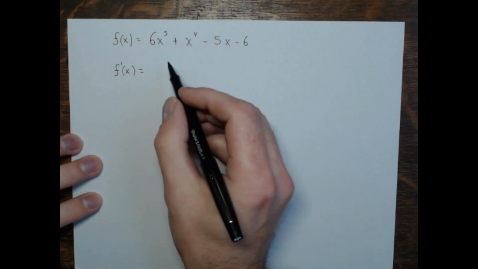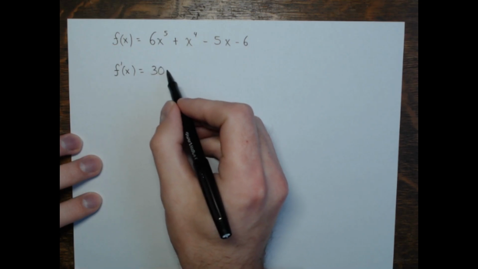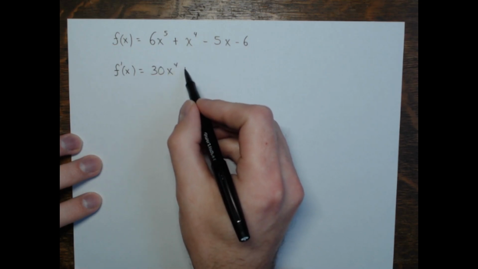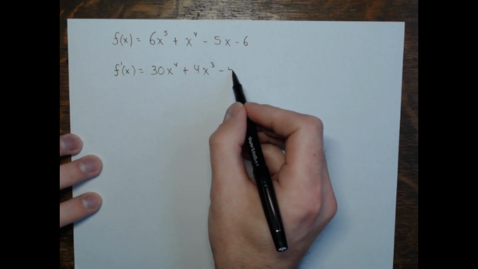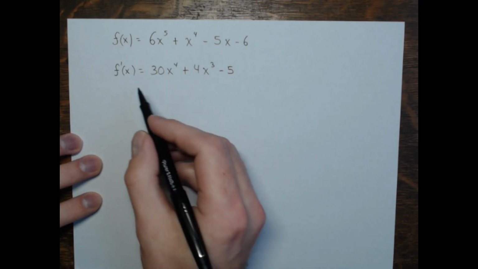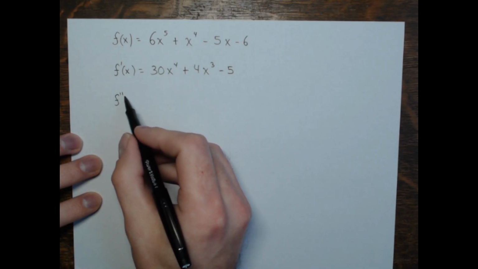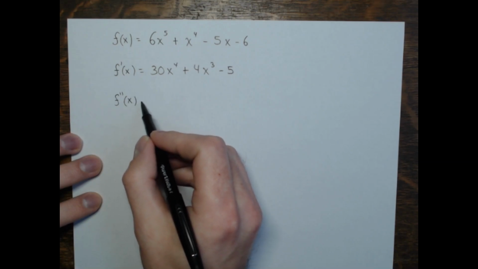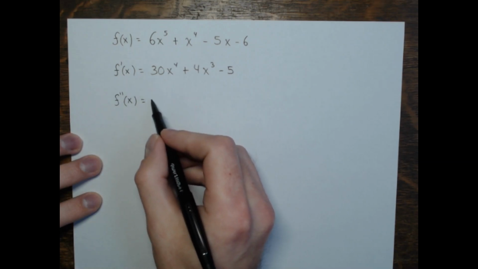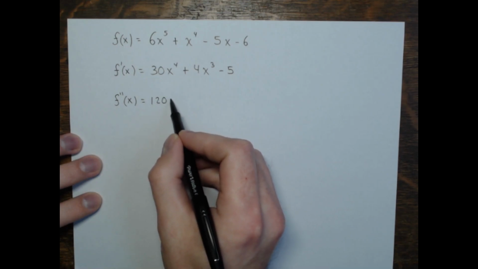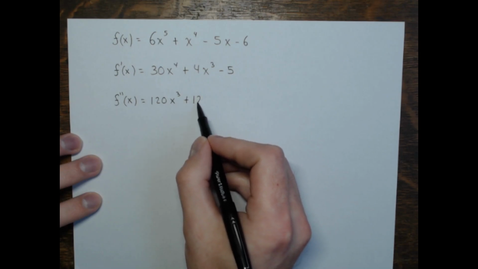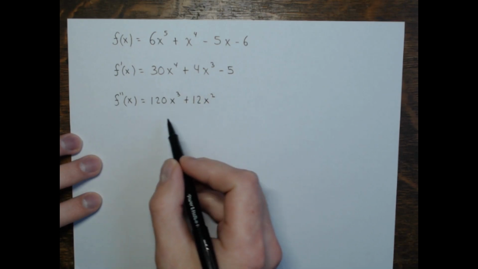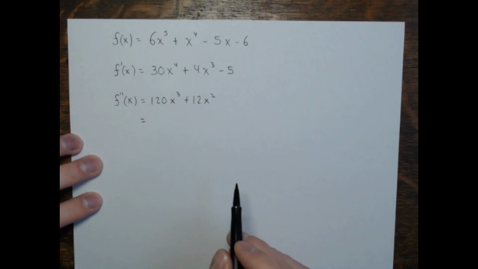So the first derivative would be 30x to the 4th plus 4x cubed minus 5. And then the second derivative is what I want to get to. So 120x cubed plus 12x squared.